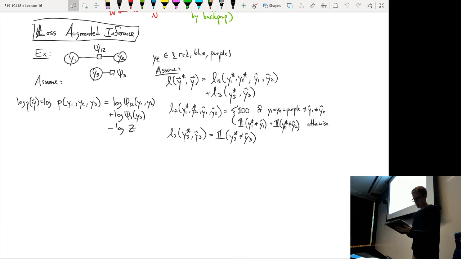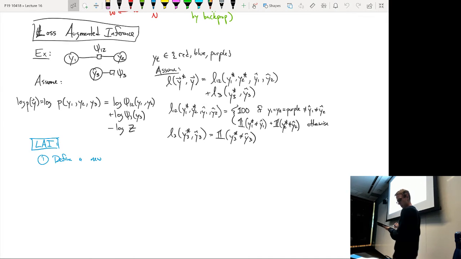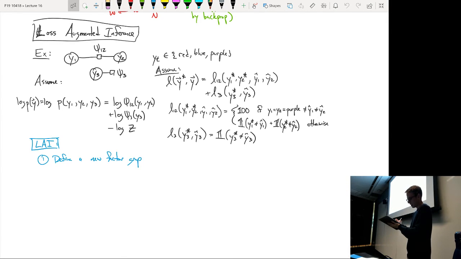So loss augmented inference tells us to do the following. In the first step, we're going to define a new factor graph. And that new factor graph is going to have some log probability that we'll say is log p prime of y.